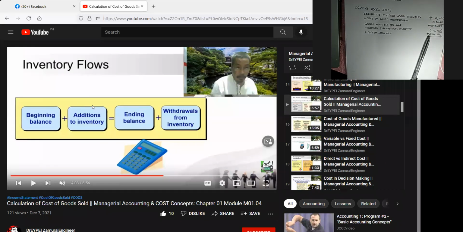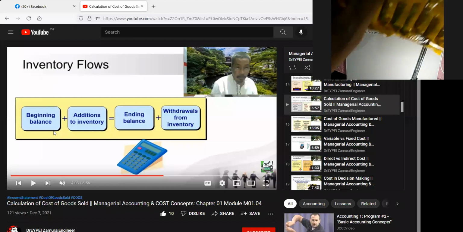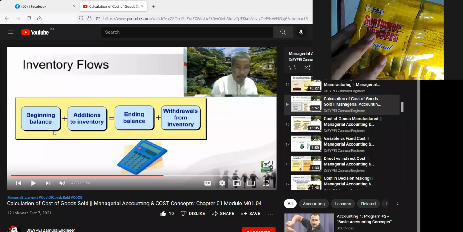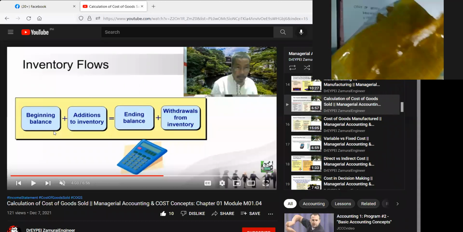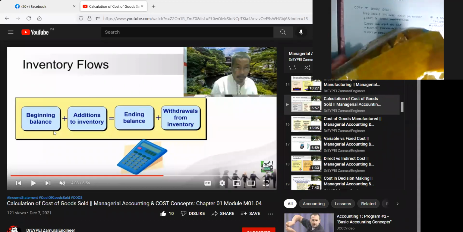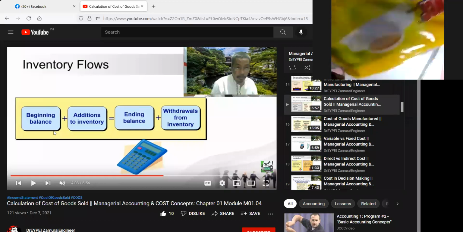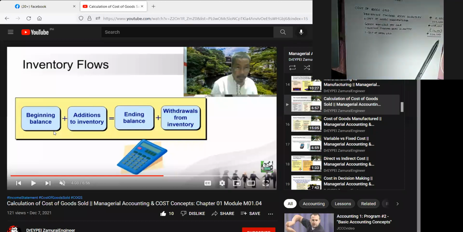So, addition to inventory. For example, you are doing it monthly. You have to compute all of the products. For example, I will take a look at the cost of this. How much is this? And then record and compute all of your products.